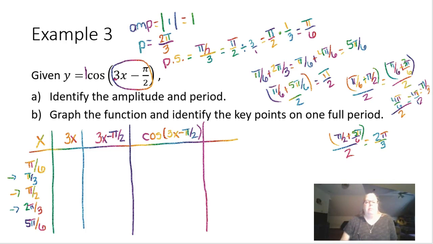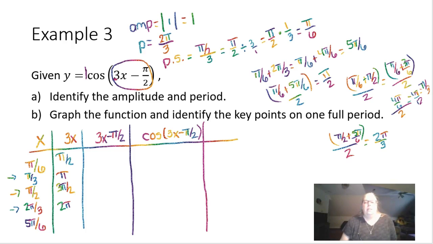In the next column, I'm supposed to take each one of my angles and multiply it by 3. So let's see, 3 times pi over 6. That's going to give me 3 pi over 6, but that reduces to pi over 2. 3 times pi over 3, that's going to give me 3 pi over 3, but that reduces to pi. 3 times pi over 2, that's going to give me 3 pi over 2. 3 times 2 pi over 3, that's going to give me 6 pi over 3, but that reduces to 2 pi.